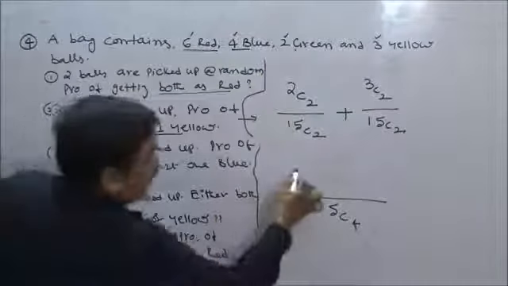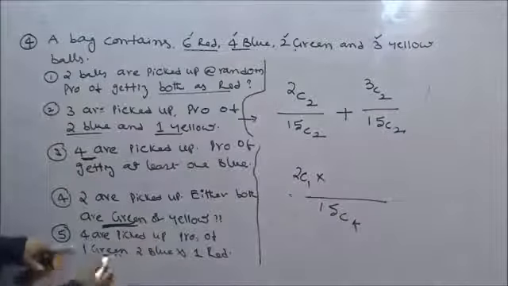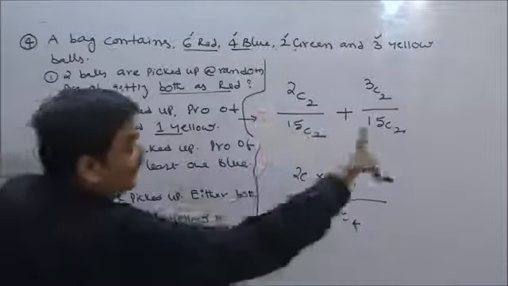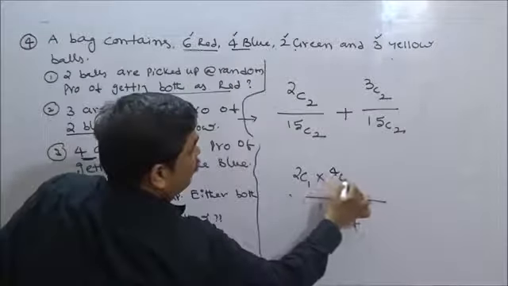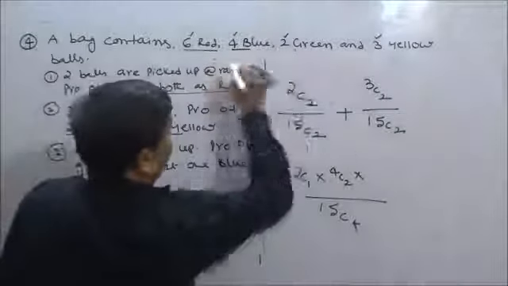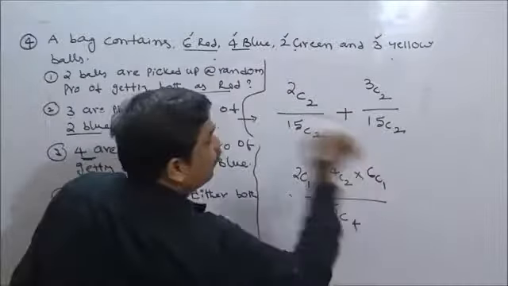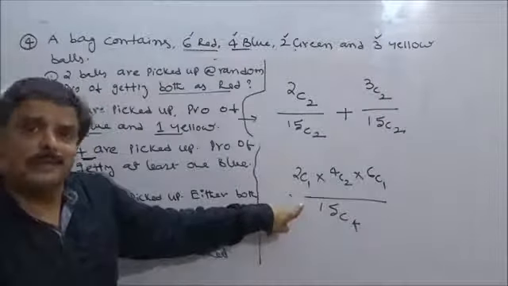So, 1 green means that is 2C1, into. Alright, next one is 2 blue, and condition, and means into 2 blue. 2 blue means that should be 4C2, into. The next one is 1 red. 1 red means that should be 6C1. You have to go in this way. Got the clarity?